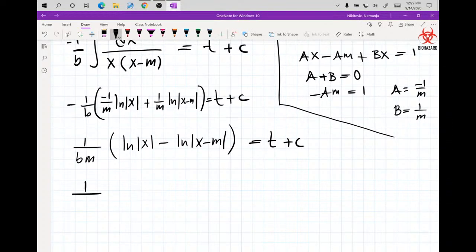So this is 1 over b times a over b, and then these b's cancel, so it just becomes 1 over a there. And inside here, the subtraction of two ln's gives you the division of the arguments. So this becomes ln of x over x minus m equals t plus c.